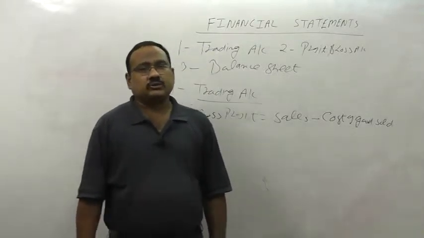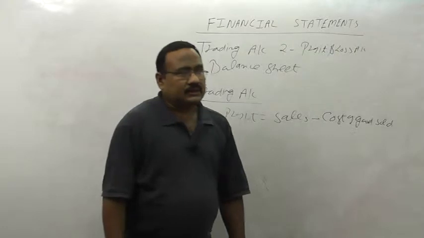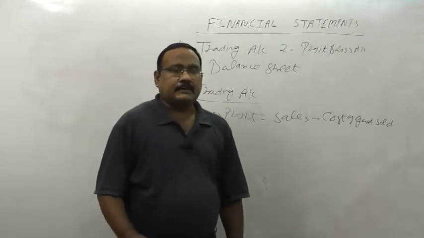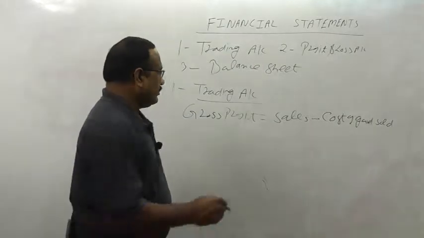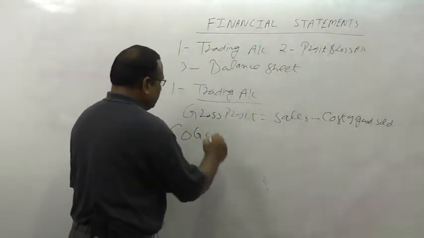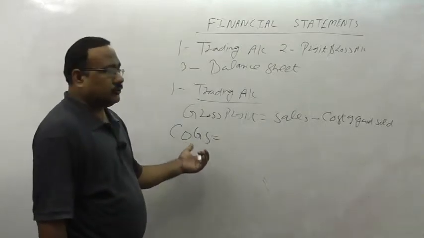And cost of goods sold is ascertained by the following formula. Cost of goods sold is known by COGS. COGS means cost of goods sold.